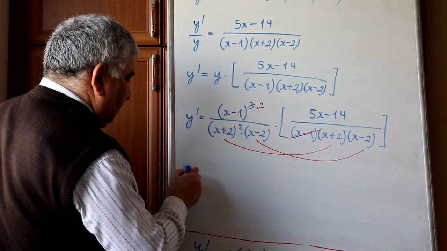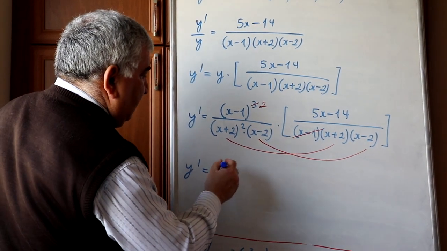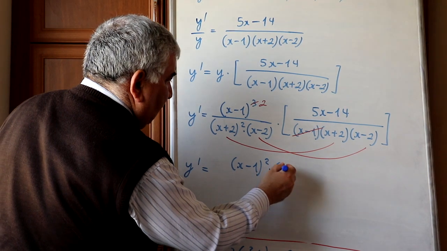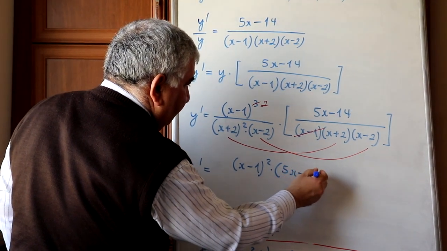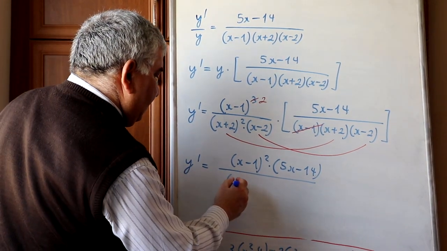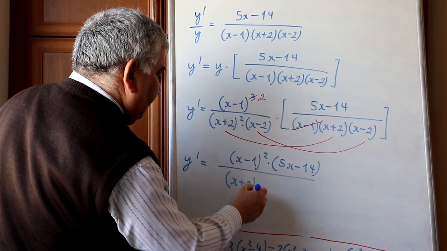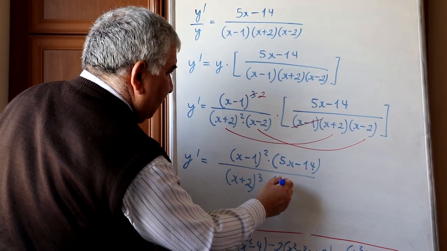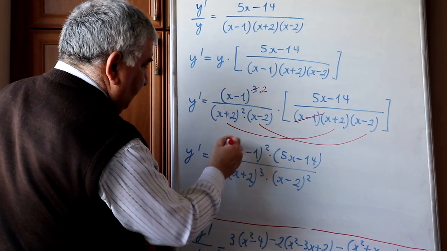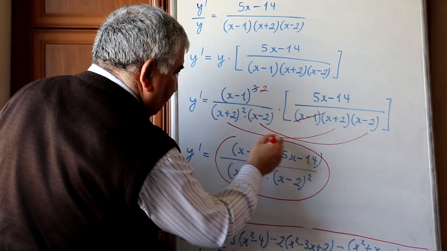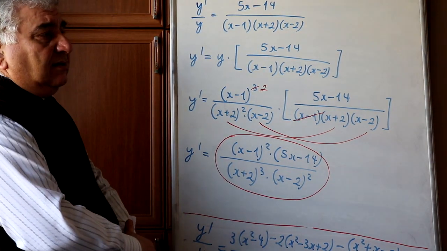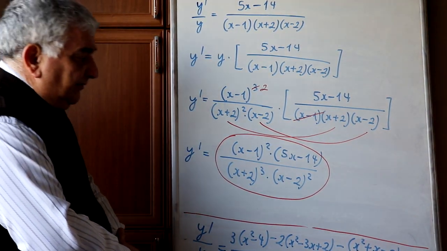Y prime equals x minus 1 squared multiplied by 5x minus 14 over x plus 2 cubed multiplied by x minus 2 squared. It is our answer. It is the derivative of the given expression, and we found this derivative by the logarithmic differentiation.